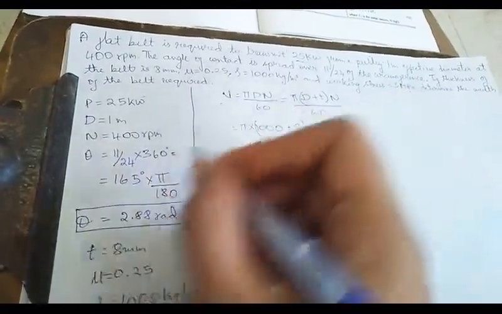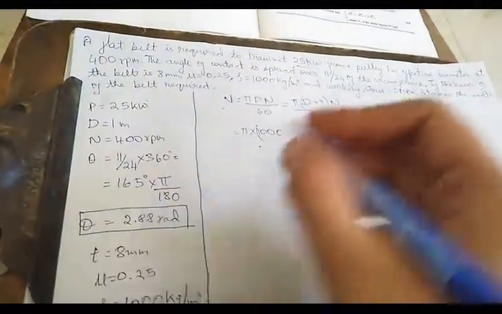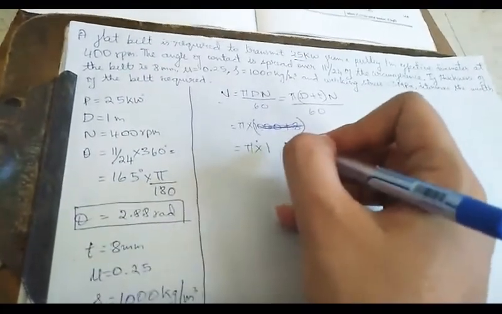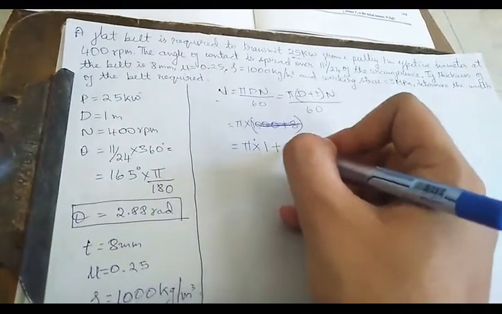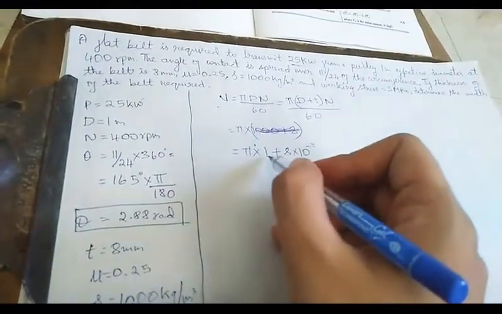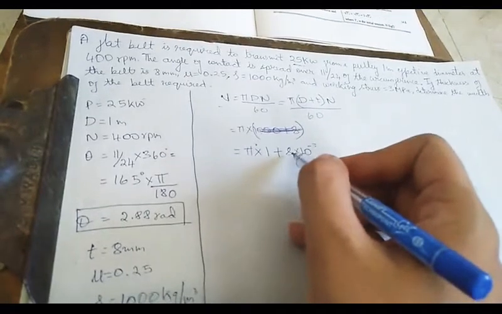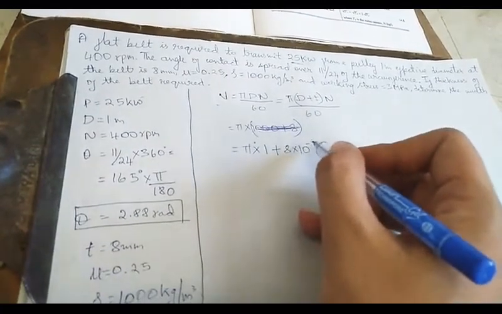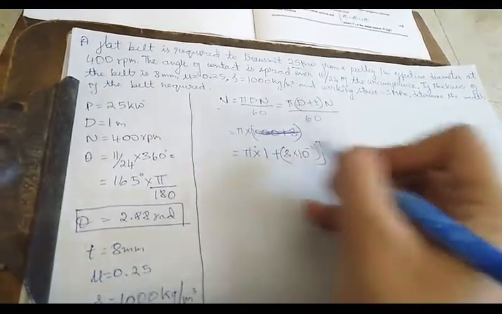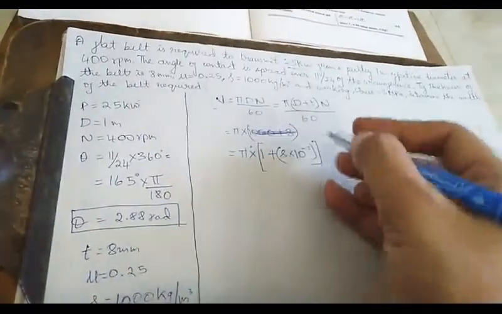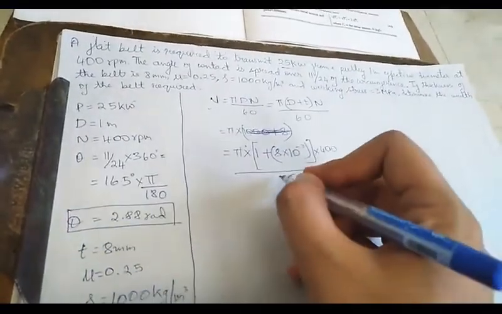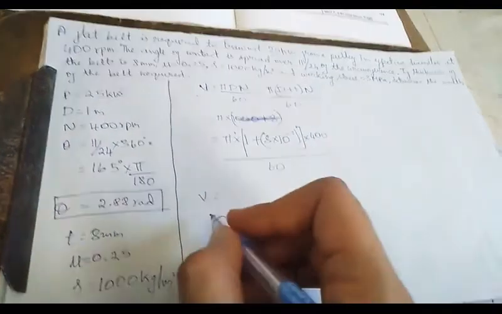So we shall convert the value of 8 to meters. Pi into 1 plus 8 into 10 power minus 3. Because this is in meters and this 8 is in mm. So 8 into 10 power minus 3. We shall put one bracket and again we shall put one bracket. Into n is 400 divided by 60.